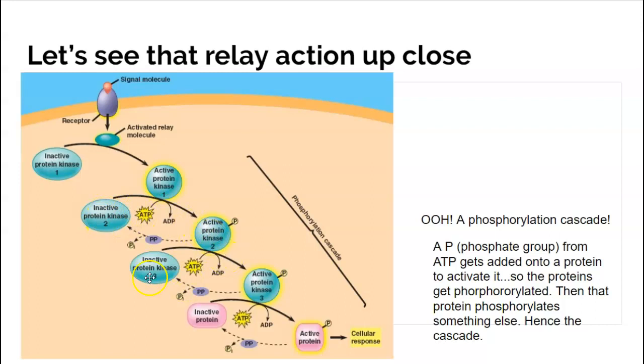And we're going to use another ATP, and then this one gets activated. We're going to use another ATP, and this one gets activated. Do you see how one protein gets phosphorylated, and then that phosphorylates something else, and that phosphorylates something else, kind of like a domino or waterfall or cascade effect? And that is going to end up in the next step giving us some kind of response. So this is the transduction, this message getting passed from thing to thing to thing.